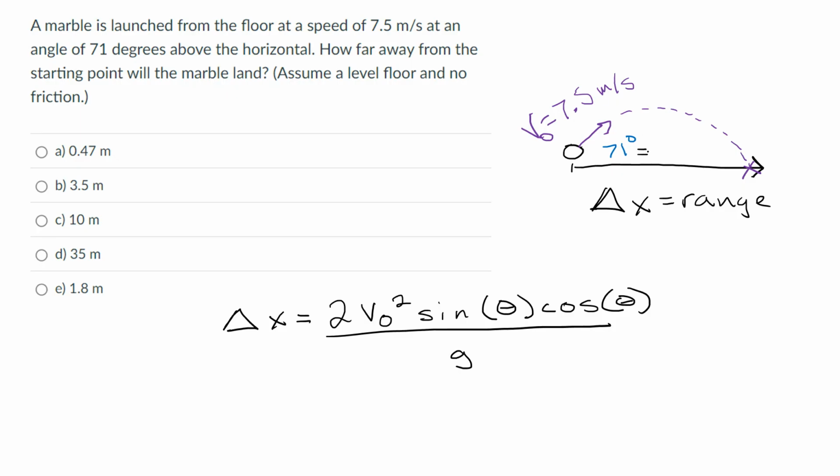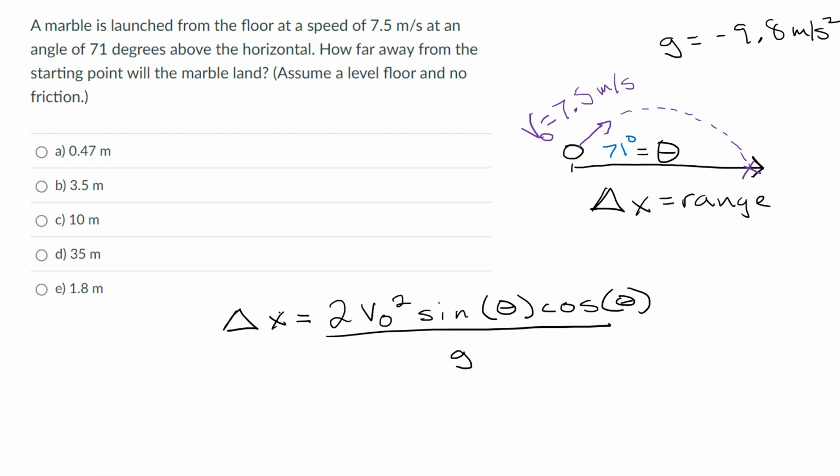This is my angle theta. Remember that g is equal to negative 9.8 meters per second squared. And if it's g, we probably don't need to put the negative in there, but we'll figure that out in a second.